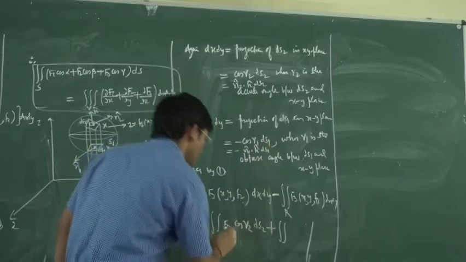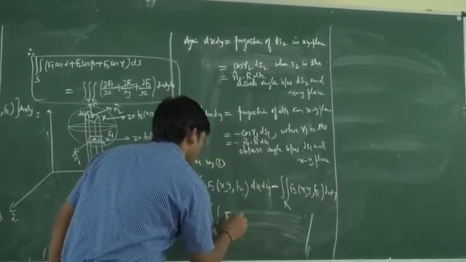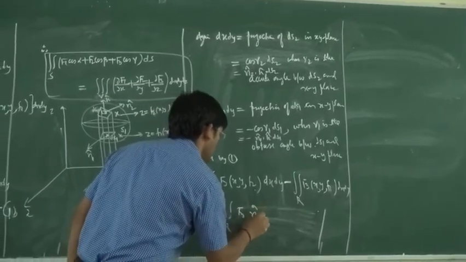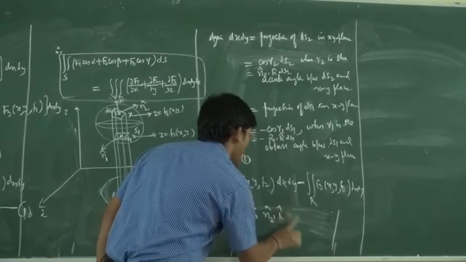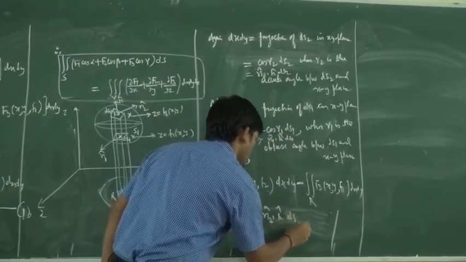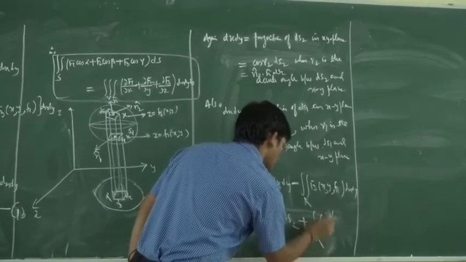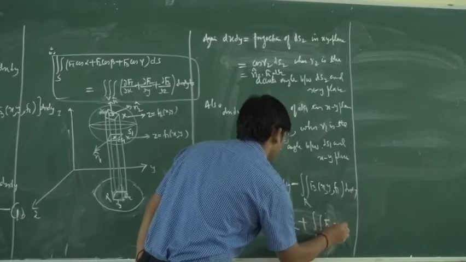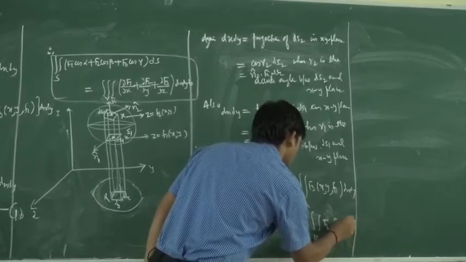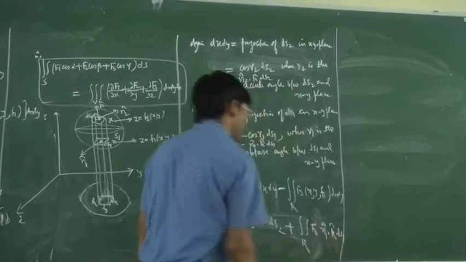So this is equal to f3 into n2 dot k cap dS2, and here we have minus minus plus. This will be the double integral over R of f3 n1 dot k cap dS1.